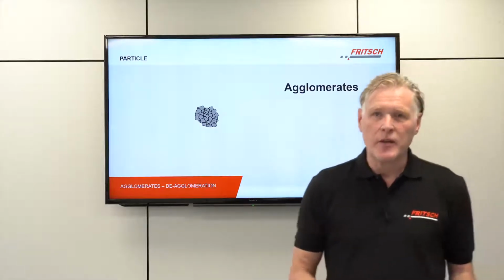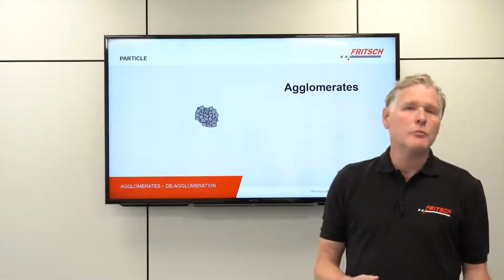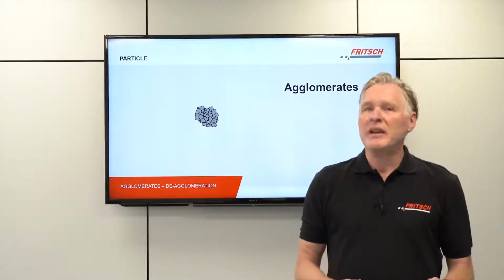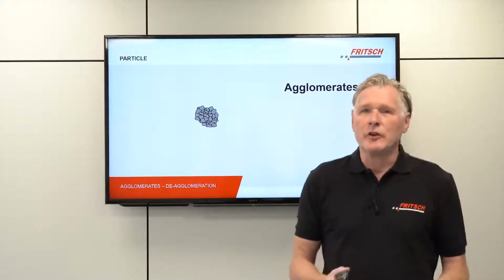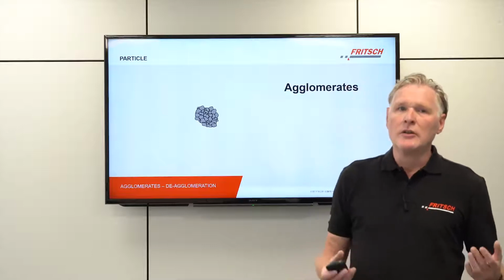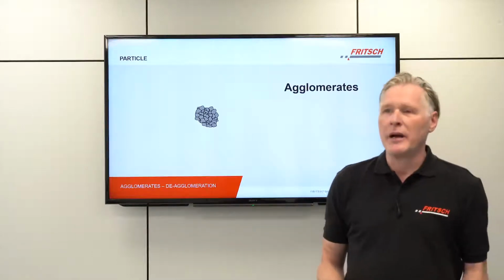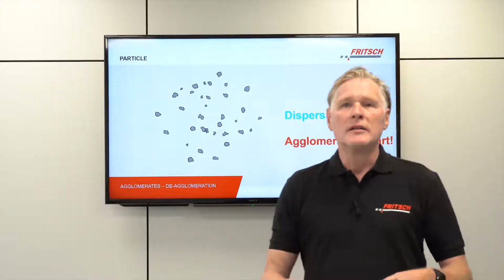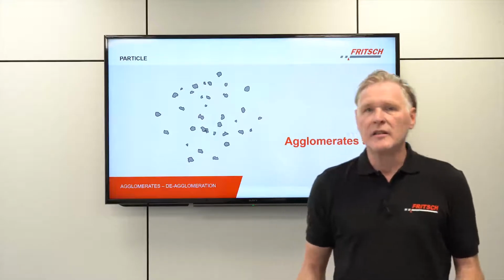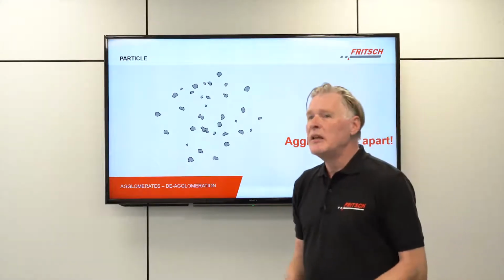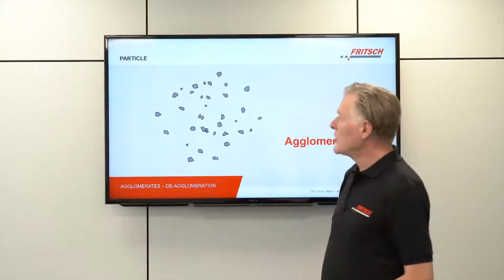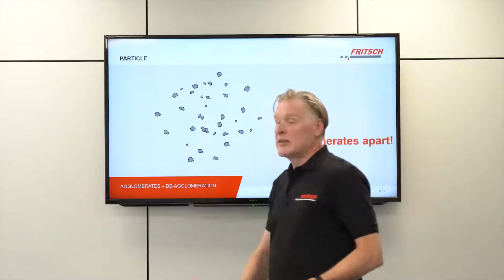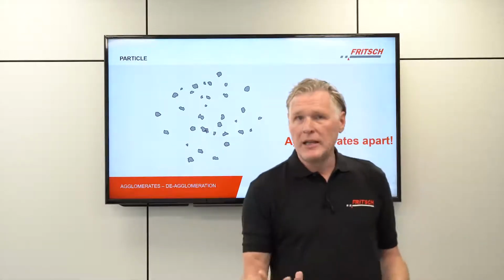Particles stick together, and of course in most cases you will not be interested in the size of your agglomerates, but you want to know the size of your separated particles. That means you need to take those agglomerates apart, what we call a dispersion process. As you can see here, it may happen that you cannot take the agglomerate completely apart.